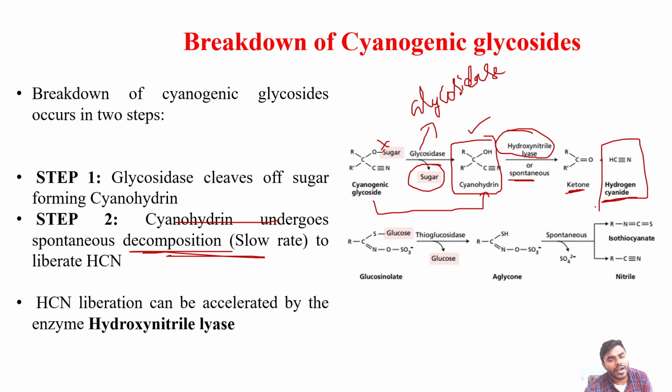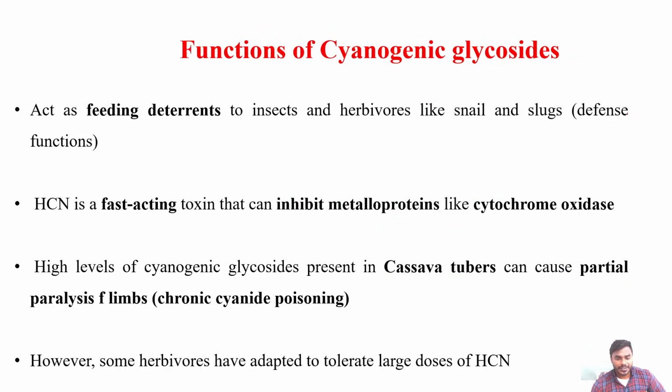So what is the point every student has to remember? Hydrogen cyanide can be released in the plant only when the cyanogenic glycosides break down. If the cyanogenic glycosides are not breaking down, there is no way the hydrogen cyanide is ever released. That's an important point you have to remember.